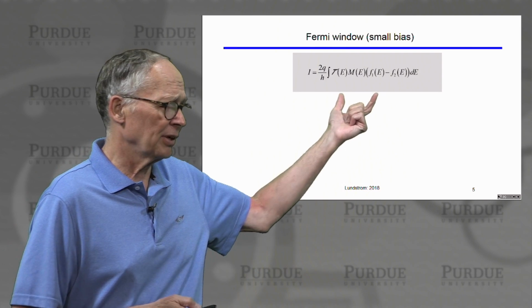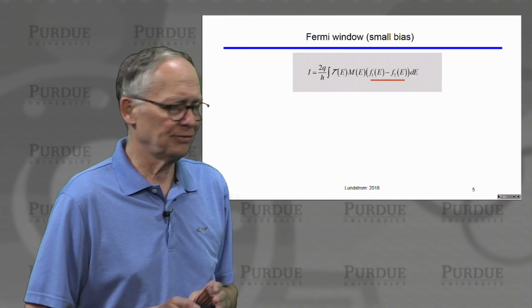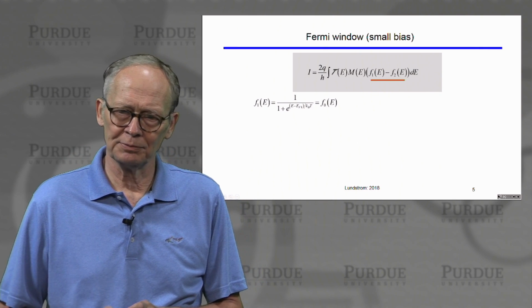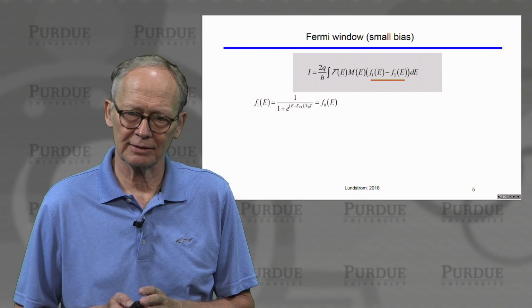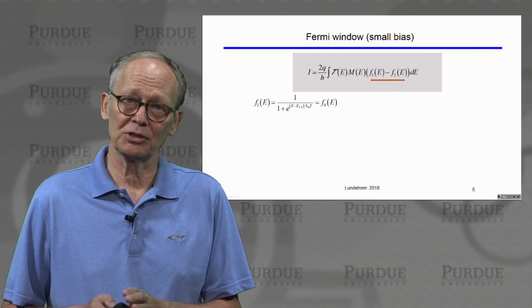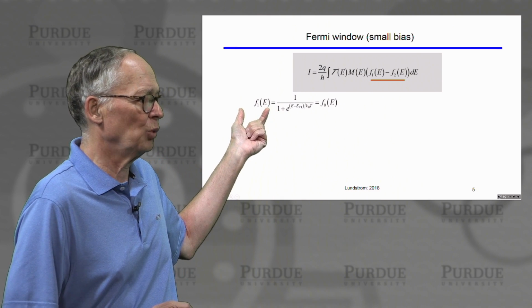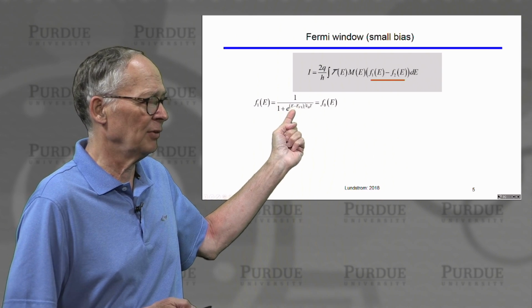So let's begin with our expression for the current. And what's important here is this Fermi window. We're going to approximate that Fermi window for a small voltage difference across the two contacts, assuming, again, that the temperatures of the two contacts are the same. So the Fermi function of contact 1 will be given by our Fermi function with Fermi level 1.